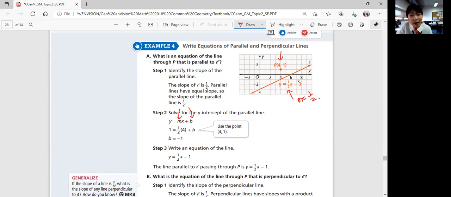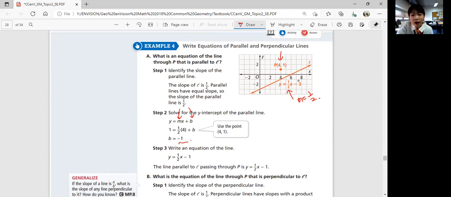If you plug in x, you should get the y value that corresponds to that x value, which is the coordinate point x comma y. That is the pair. So use the point 4, 1, plug them in, solve for b. That's -1.